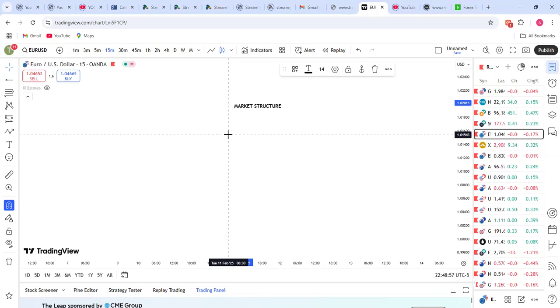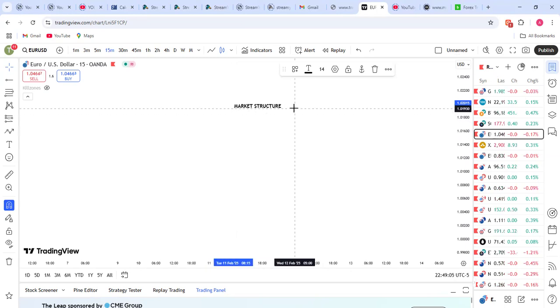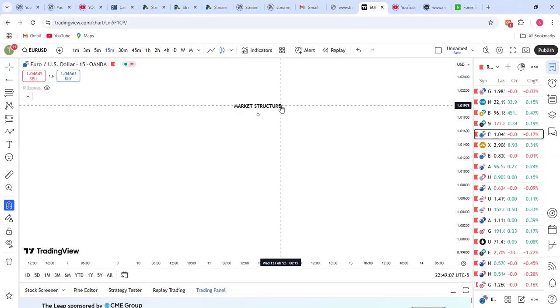You need to have a clear knowledge of what market structure is, right? And today we are dealing with the fundamental market structure.